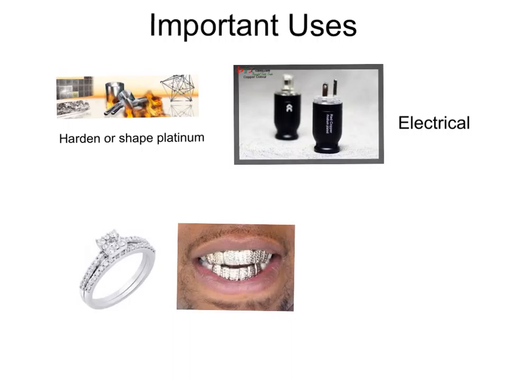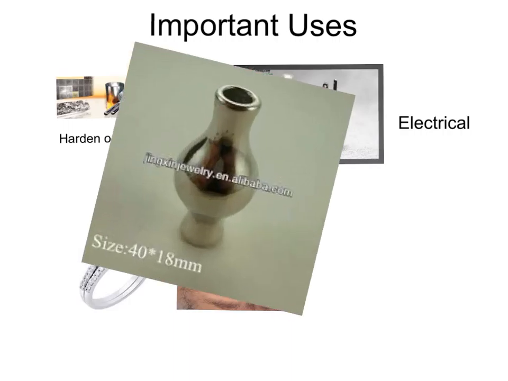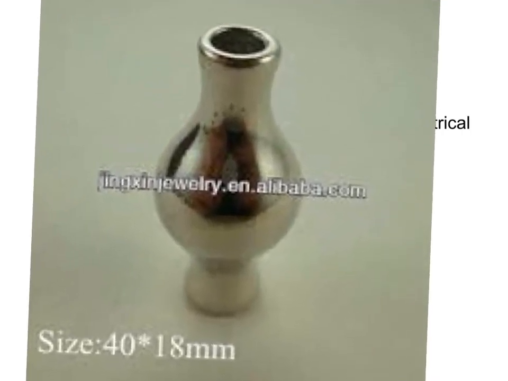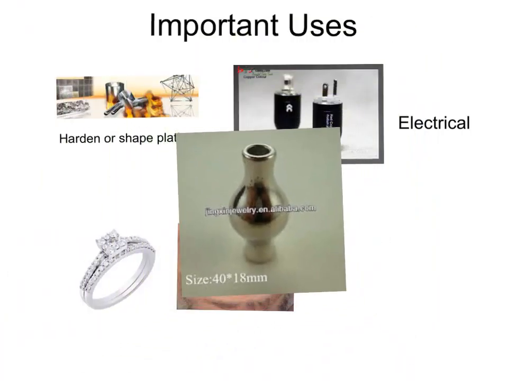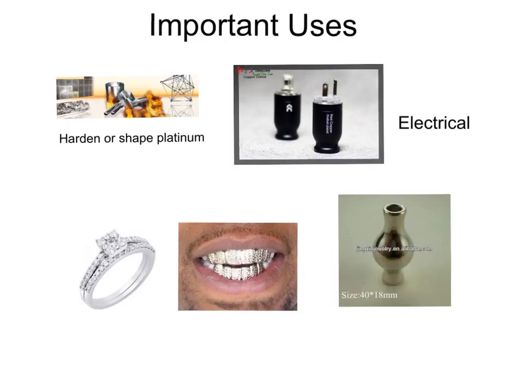And I chose a vase to show. See? It's just a little vase. But I guess that could be a decoration. So those were the important uses and uses that I thought were kind of cool of rhodium. So yeah.